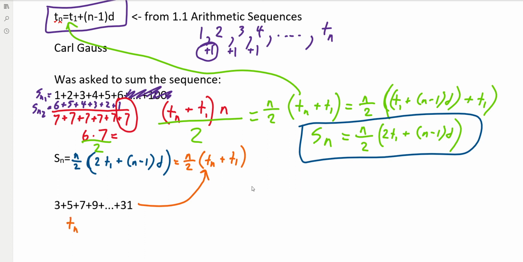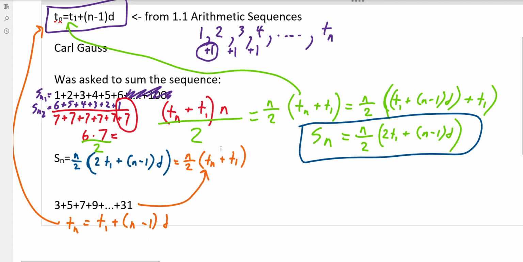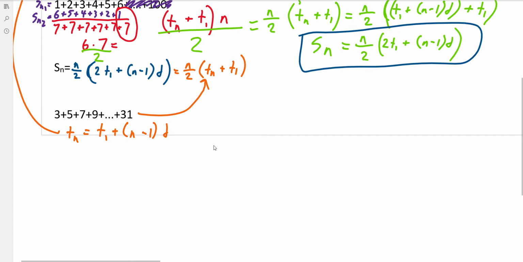So how are we going to do that? Well, we can use our original formula from last topic to solve for n. So what we can do now is put in what we know. So 31 equals 3 plus n, we don't know n, but we do know d is plus 2, so let's put a 2 in here.